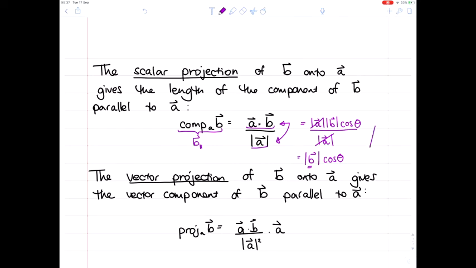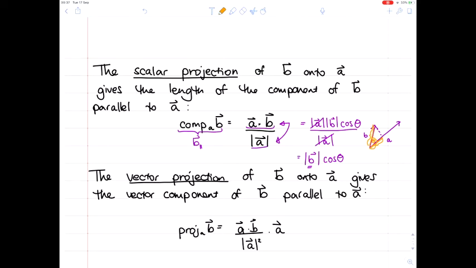So what we've got, if these are our two vectors, there's our B, there's our A, what we've just found is the length of B cos theta. And if you think about that in terms of the trig that you know, B is the hypotenuse in this case, and our cosine of theta is adjacent, divided by that length there.